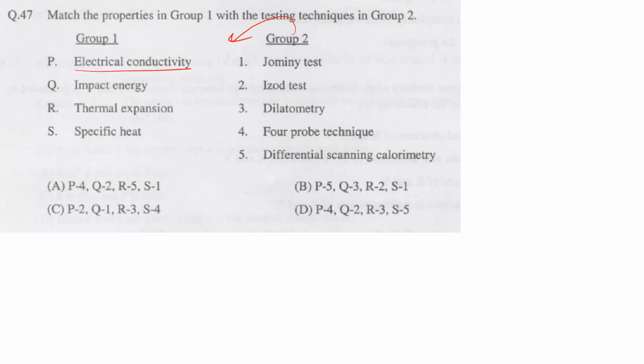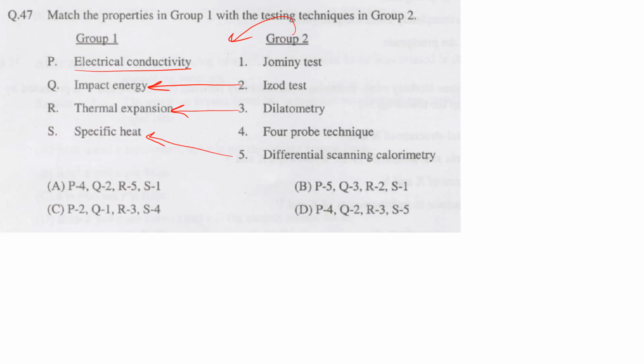Okay, Izod test to find the impact energy, right? Then dilatometry, it is used for thermal expansion. Then four probe technique, okay, leave it right now. Then DSC, differential scanning calorimetry, it is used for specific heat.